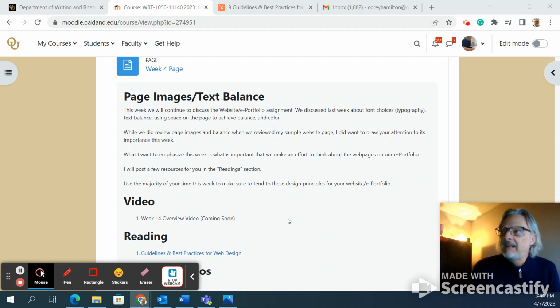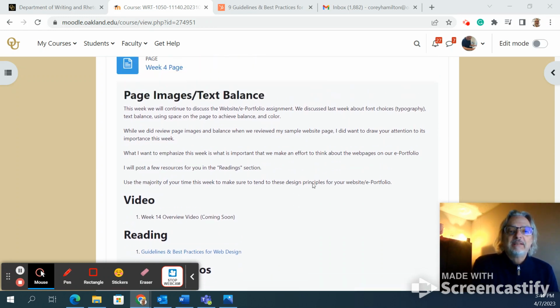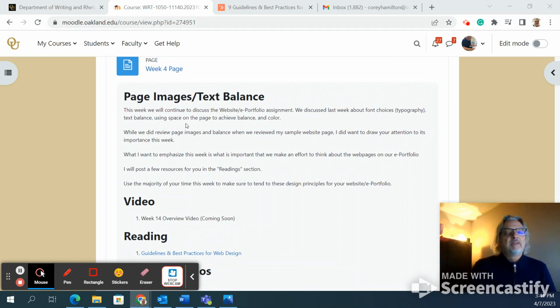This week, I don't want to oversimplify or oversell it, but really this reading on images and text balance is an extension from last week, where I pulled up my page and we talked about having images that balance out the text, or text that matches the images, or images that complement the text, right?